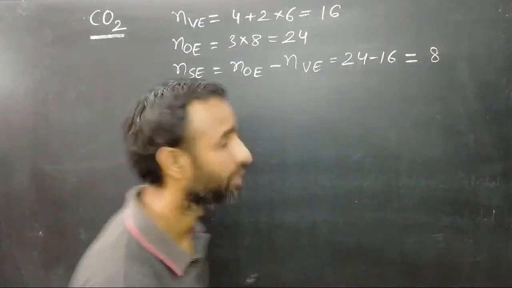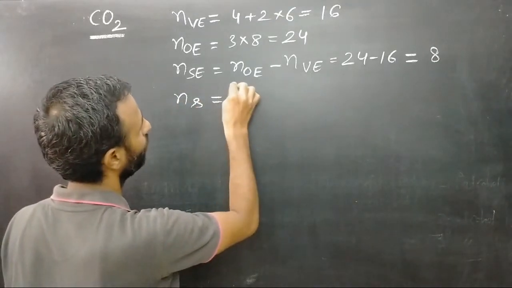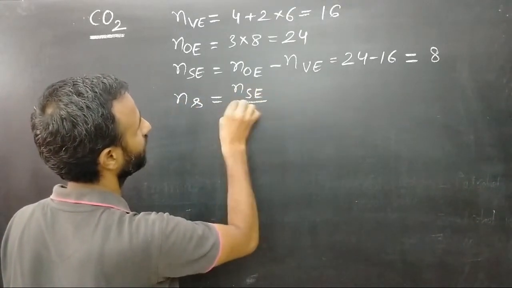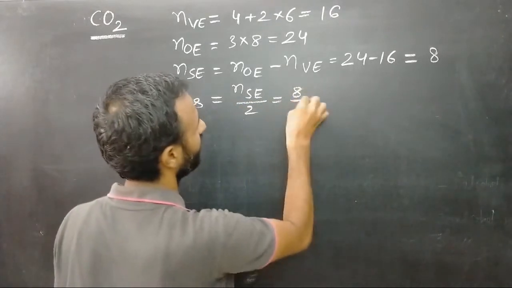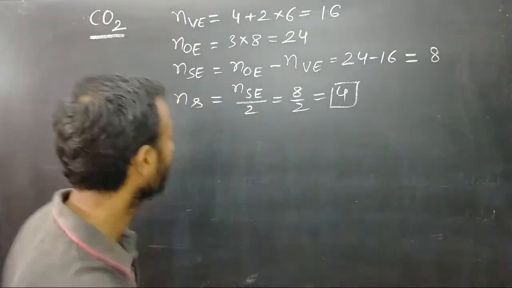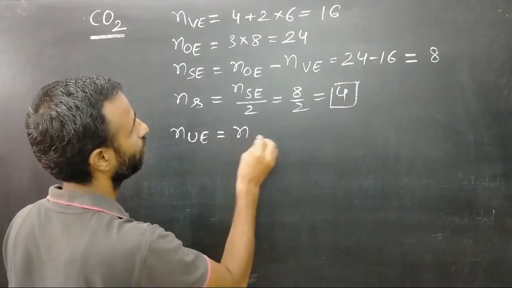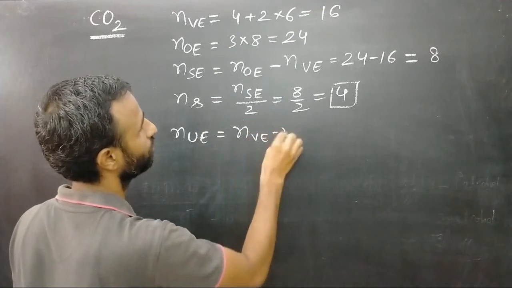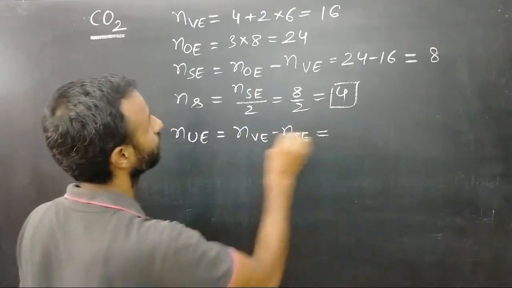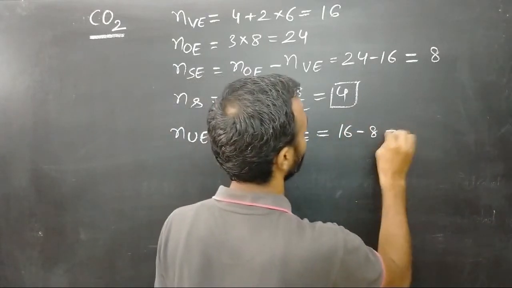So 8, that means shared pair is equal to number of shared electrons divided by 2, that is 4. So shared pairs are 4, and unshared electrons equal valence electrons minus shared electrons. So valence electrons are 16 and shared electrons are 8.